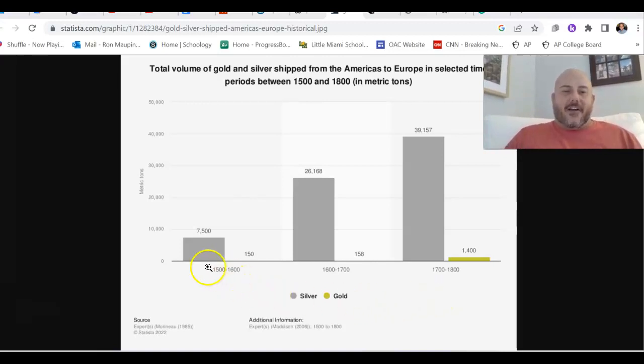And you can see here what will eventually become tens of thousands of metric tons of silver that will be mined and shipped over to Europe. And yes, what will eventually be well over 1,000 metric tons of gold being shipped over to Europe.